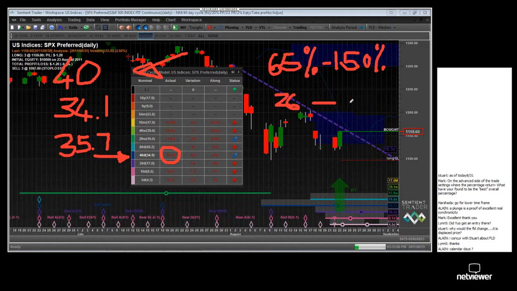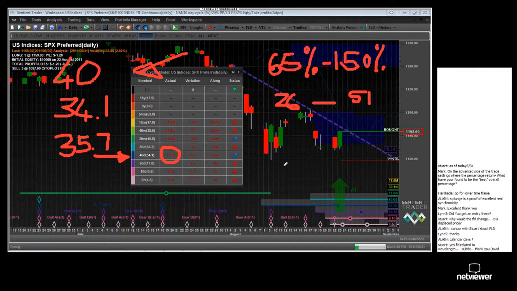As I mentioned, Sentient Trader allows a difference in length from 65 to 150%. So we could have a length anything from about 26 or 27 days to about 51 days. If the actual length was 51 days, then there would be a big difference.